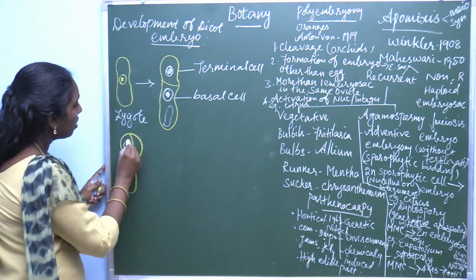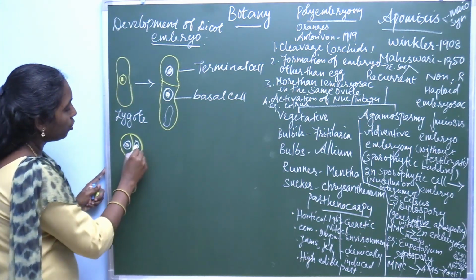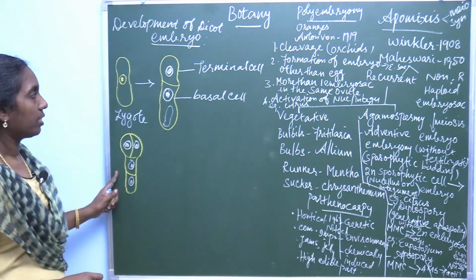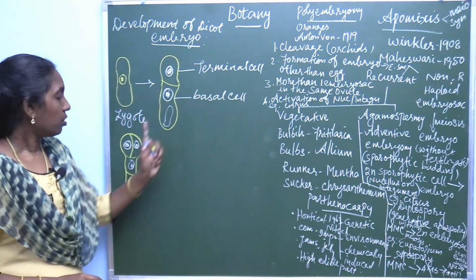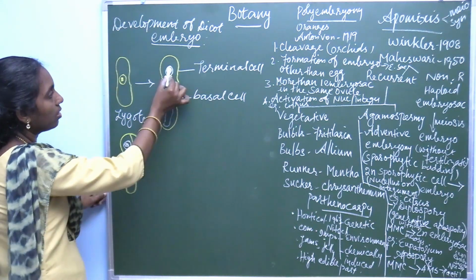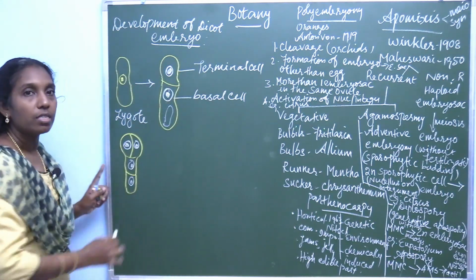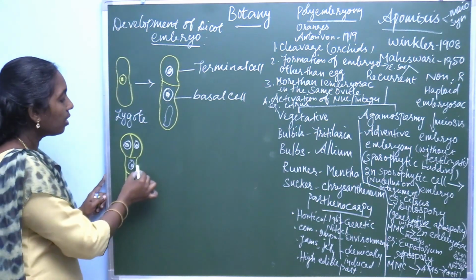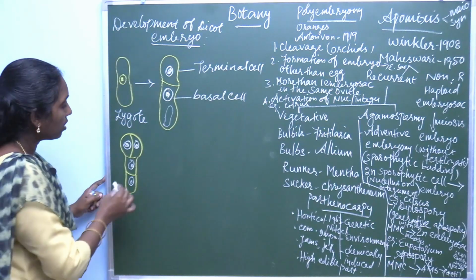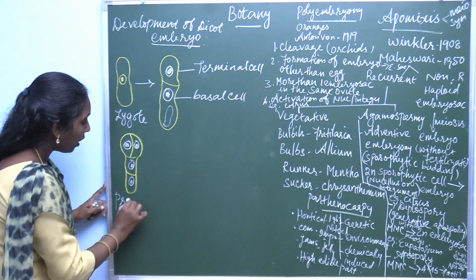So it becomes four cells, here two, here two. This four-celled stage is called proembryo.